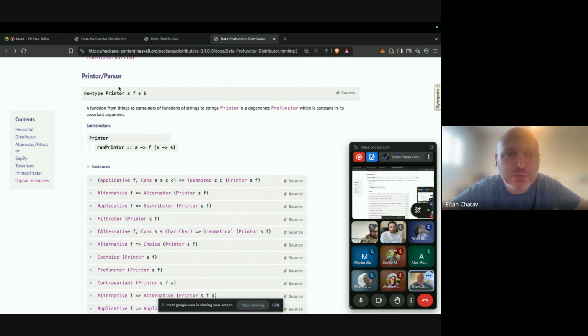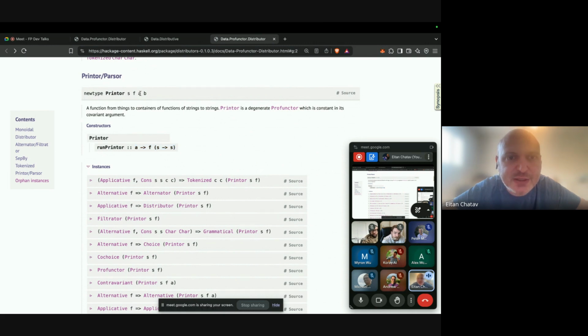We have printor. Here's our string S type. Here's some F, which is a container. It's probably going to be list or maybe. And our A and B. Notice that the B doesn't appear anywhere in the definition. It's just a phantom type.